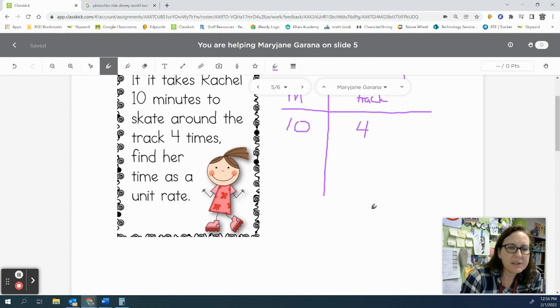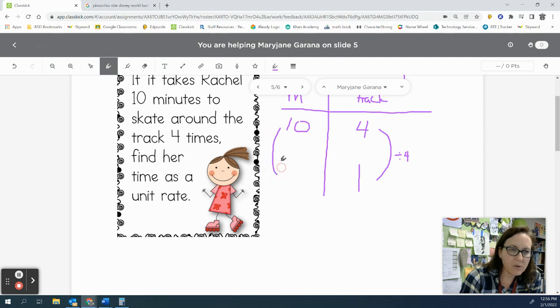So we want to find the time as a unit rate. What that's asking is how much time will it take to go 1 time around the track. So we're going to divide 4 by what to get it to become a 1? We're going to divide it by 4 because 4 divided by 4 equals 1. So what are we going to do to this side?